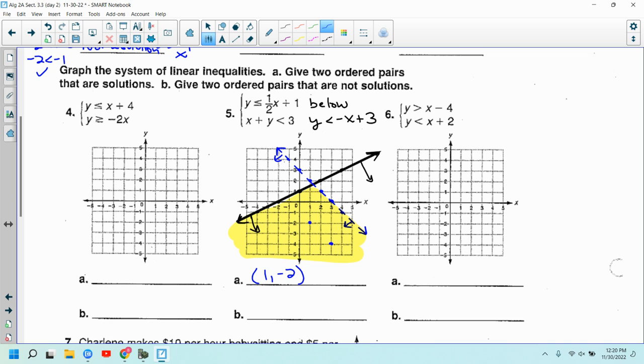Okay. And Austin, how about 2 that don't work? 1 and 5. Okay. Give me another one. 2 and 4. Okay, agree.